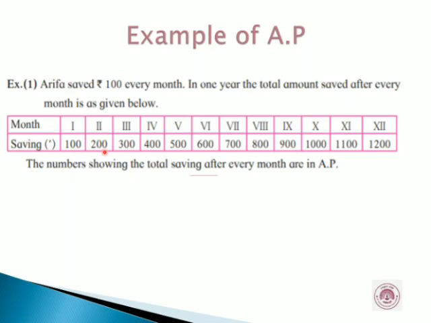Second month 100 plus 100, that is 200. Third month 200 plus 100, which is 300, and so on. So the numbers showing the total saving after every month, 100, 200, 300, 400, etc., form an AP.